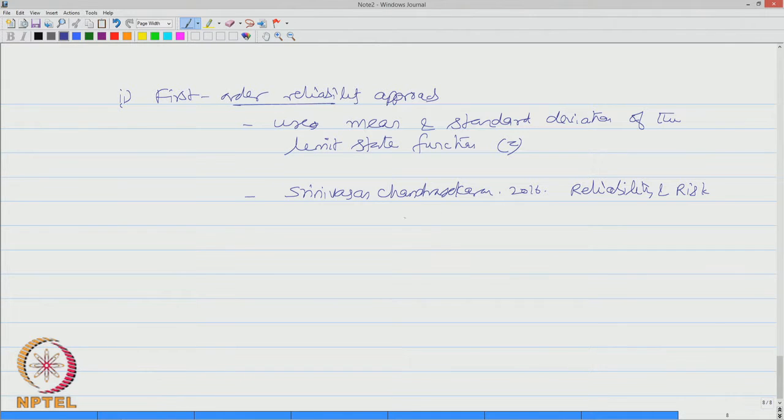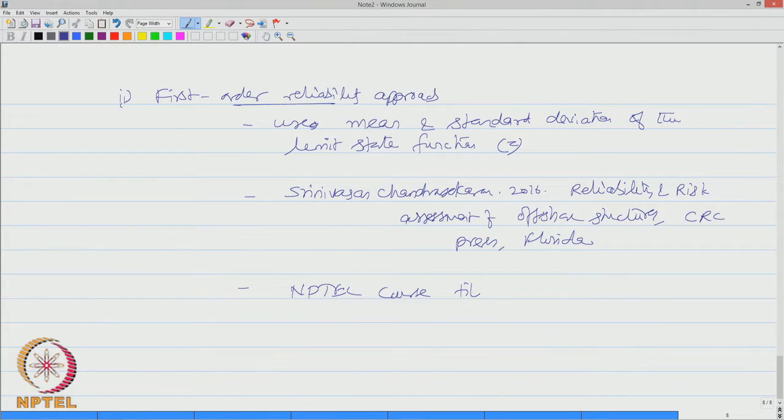One can know more about this in the book titled Reliability and Risk Assessment of Offshore Structures, authored by me and published by CRC Press, Florida. One can also look into an NPTEL course titled Reliability of Offshore Structures, offered by the Ocean Engineering discipline at IIT Madras.